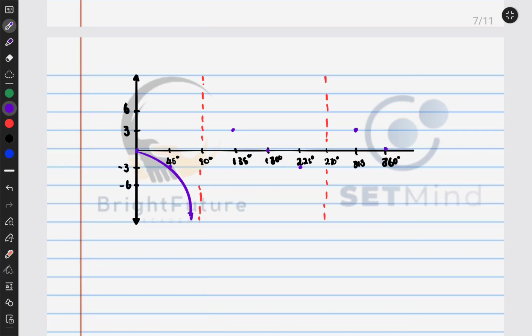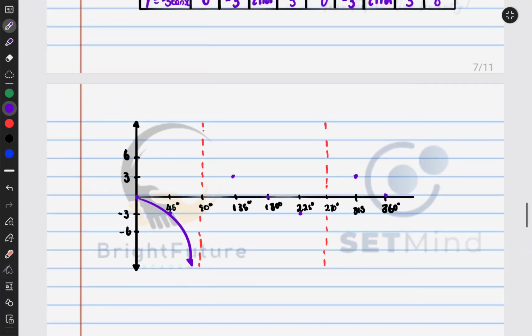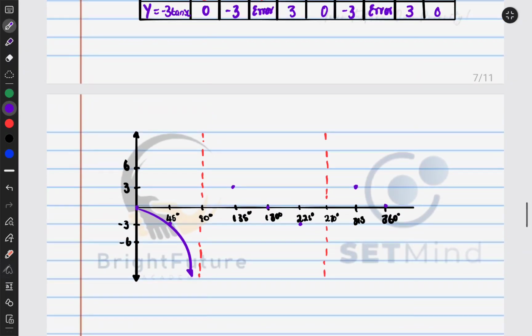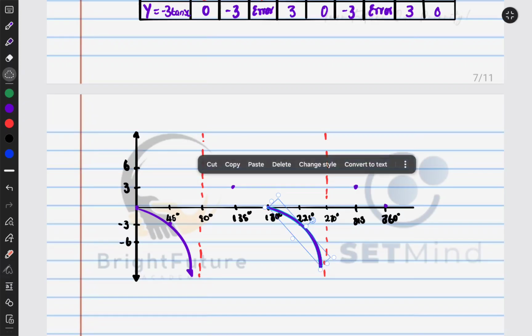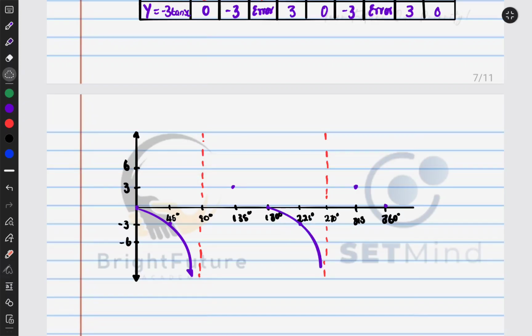Yeah, that's the first arm, and then here as the other arm.